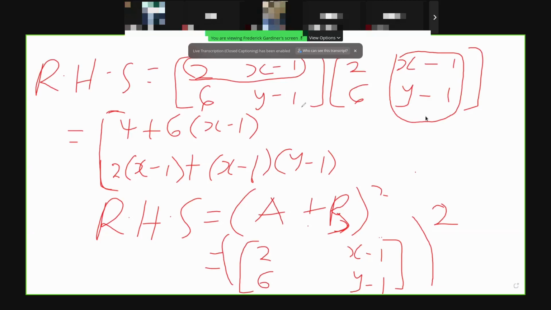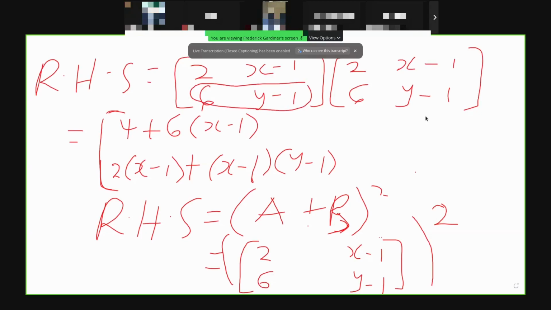So that is the first row, taking on all the columns in the second matrix. Then we come to the case where the second row has to do the same thing.